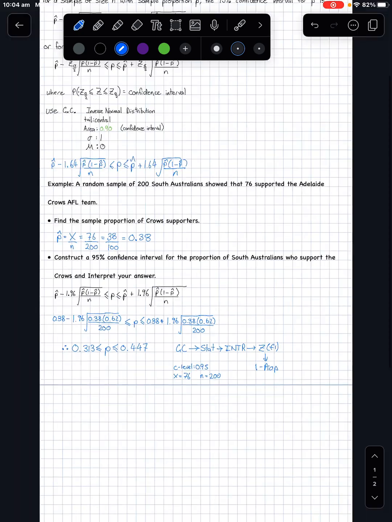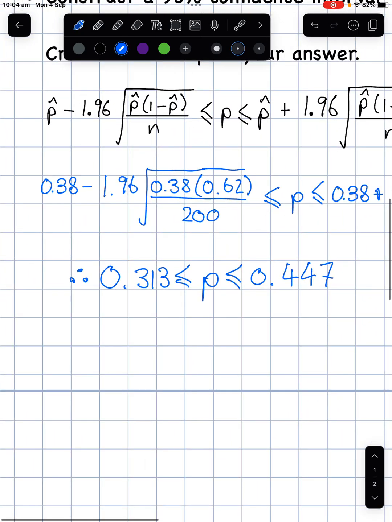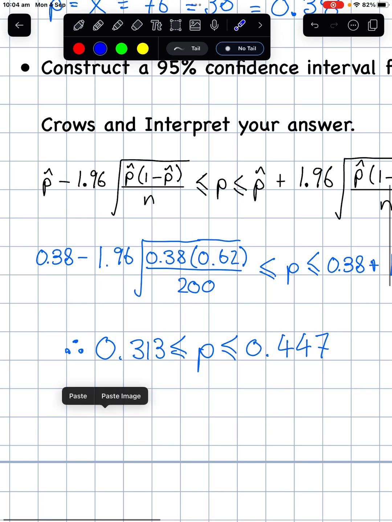Have I run out of space? Am I going to be able to move it? No. Okay, so when we're interpreting our answer, remember we picked a 95% confidence interval.